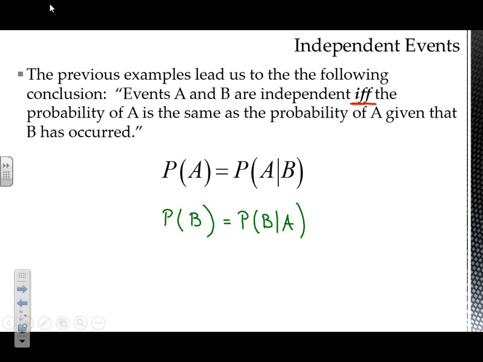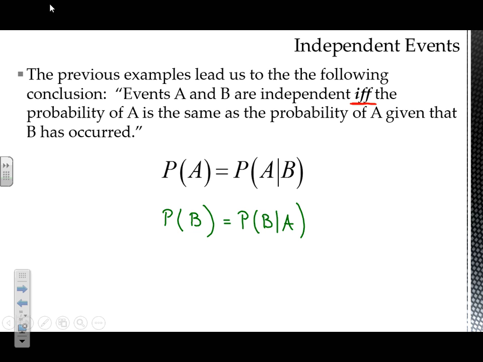Yeah. It doesn't matter what order you go in, as long as the probability of one event alone is the exact same as the probability of that event given another event has happened, you're going to be proving your independence. Okay? One of the things to note here: when you have your two events, they're going to say, here are your two events, determine if they're independent.